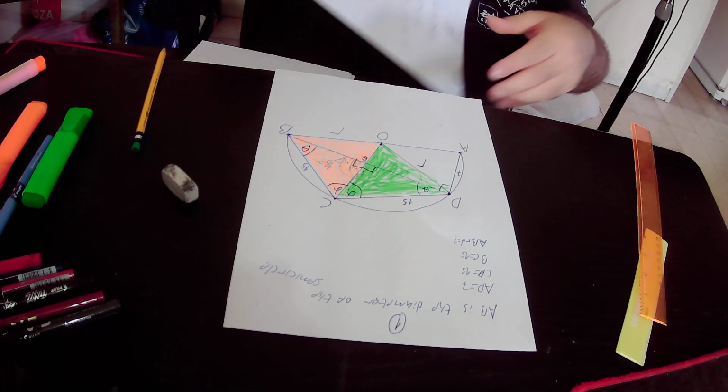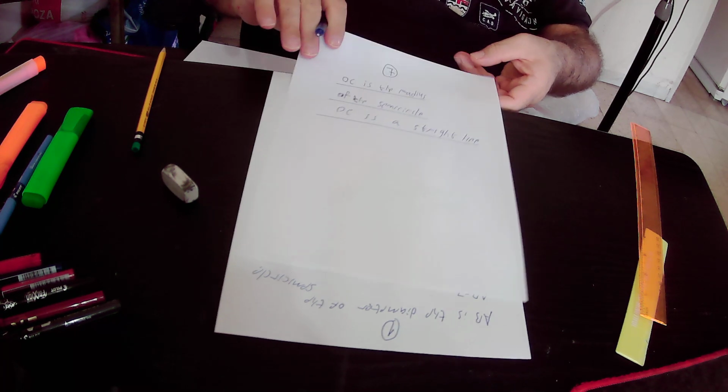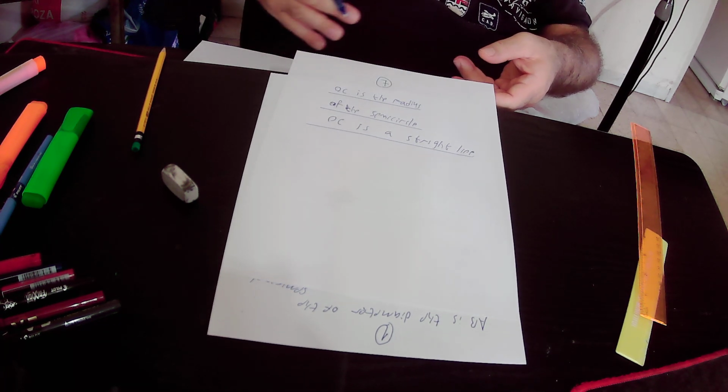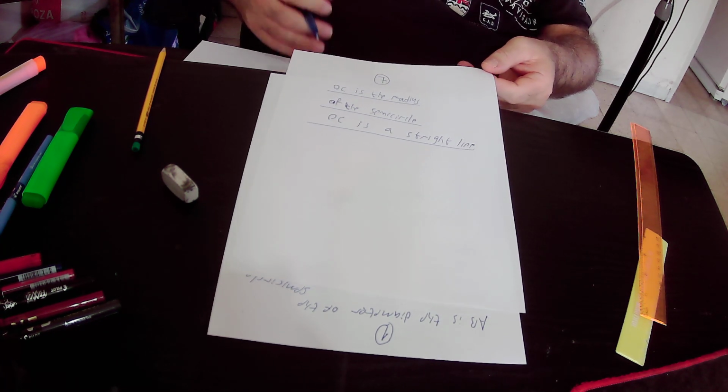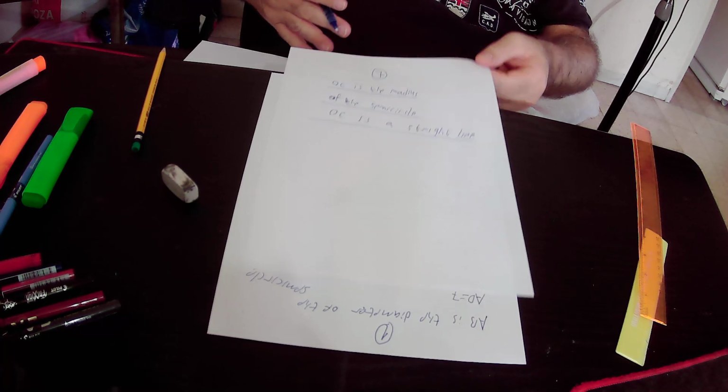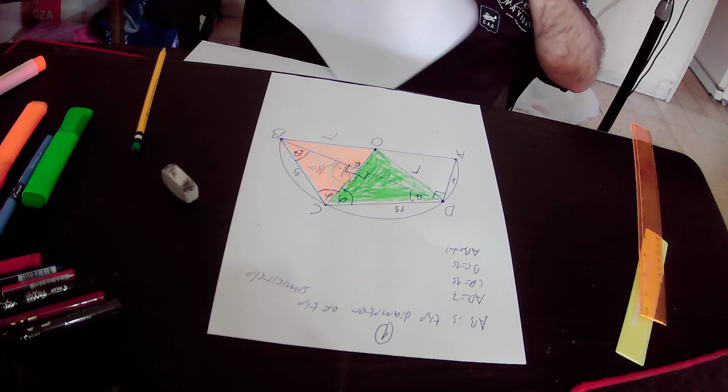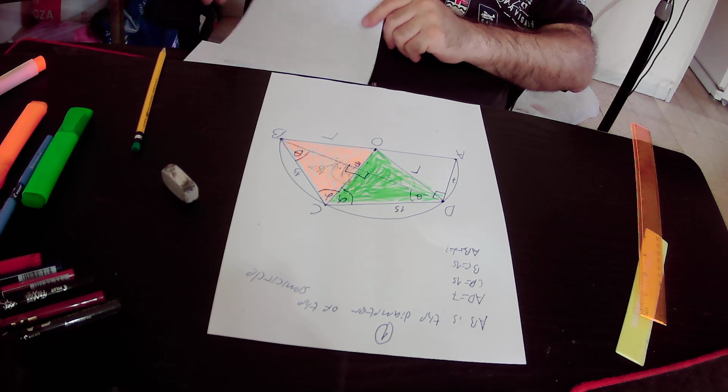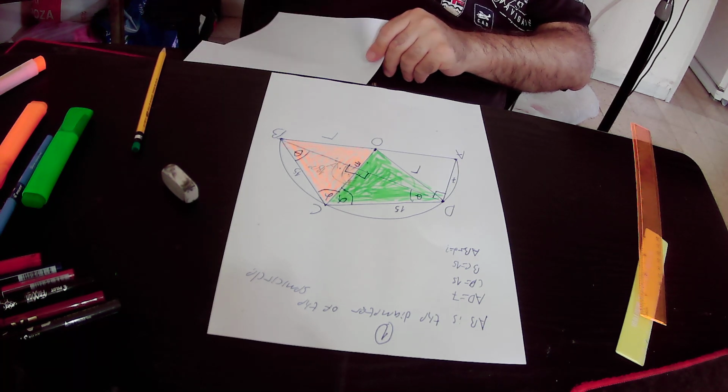Okay, chord OC is a straight line because we built it as a straight line, and also because it is the radius of this semicircle. So again we have the rule of straight lines.